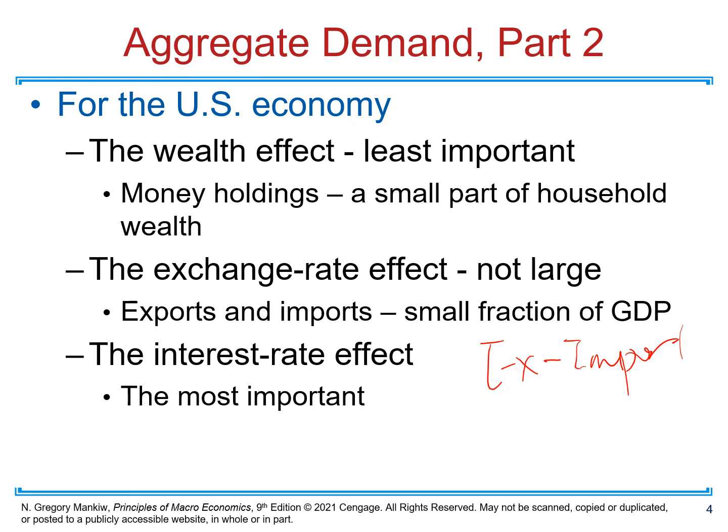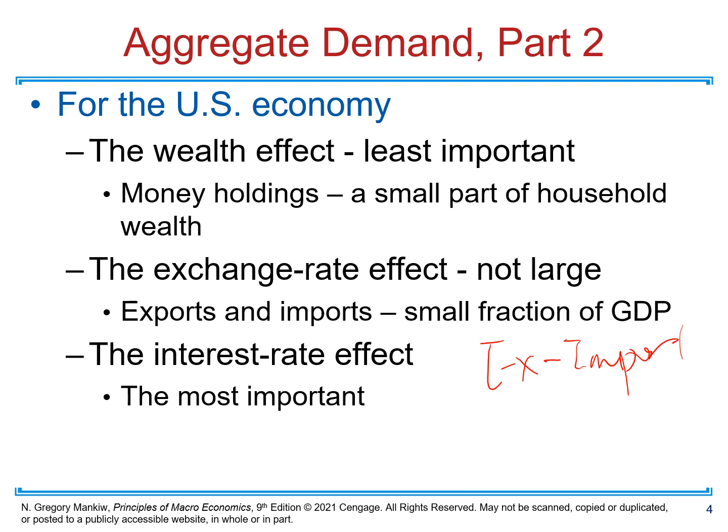And lastly, the interest rate effect. This is probably the most important factor influencing the shape of the aggregate demand curve, because the interest rate can change and influence our consumption and investment big time. Especially when businesses try to expand operations, build a new factory, or hire new people, or consumers try to make some big purchases, we've got to borrow money, right?